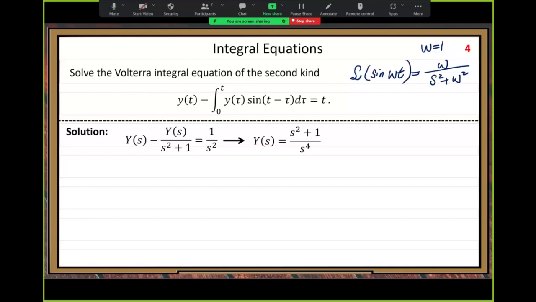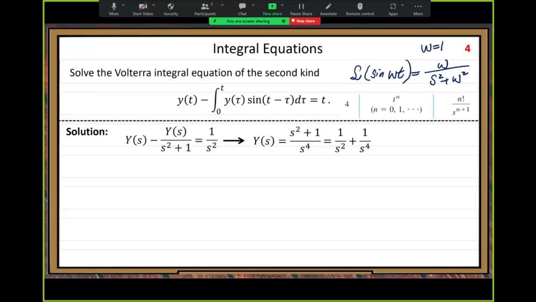So that's our convolution theorem. Then this is a very simple algebraic equation. We solve it, then take the inverse Laplace transform of the result. That's easy. Here we use basic formula number 4: n factorial over s to the n plus 1.